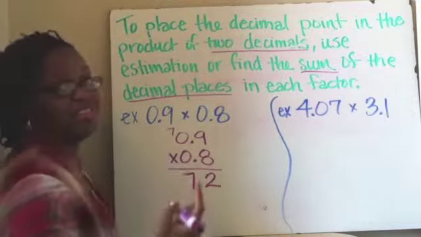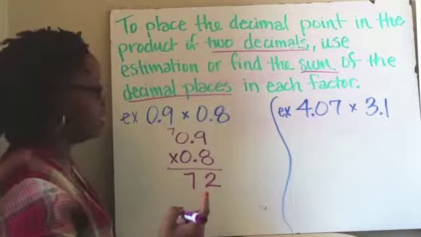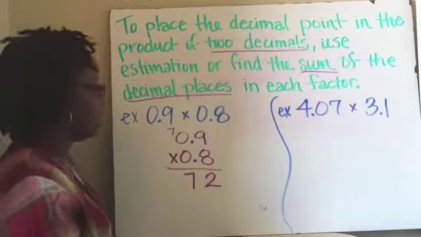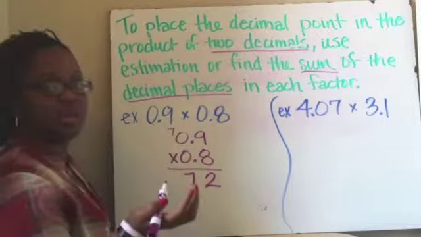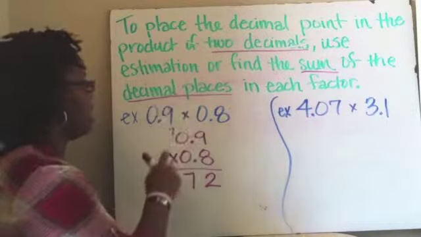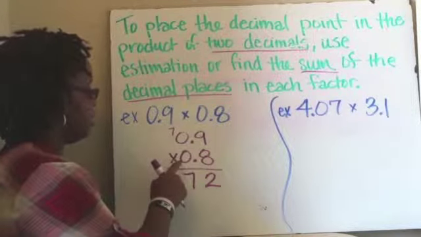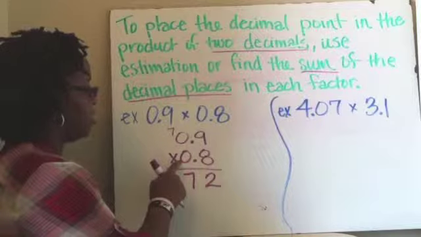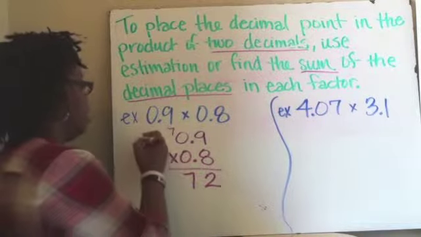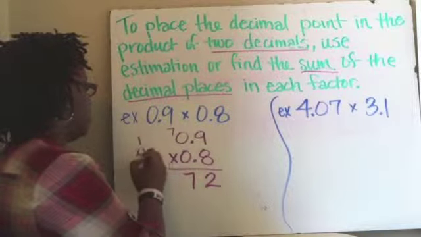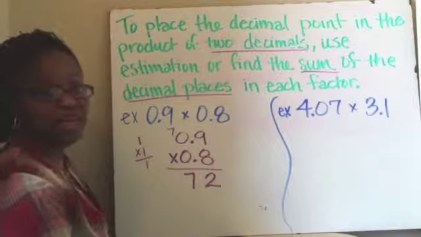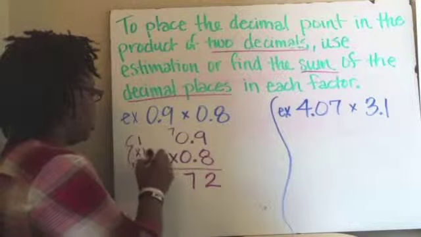Now, I hope that you know that multiplying by 0 is just going to give you a 0, so we don't even have to use that. Okay? So now, let's use estimation first. So estimation says this is 1 times 1. Okay? So that means 1 times 1 means my answer should be close to 1.